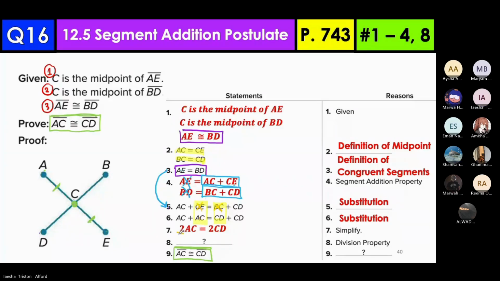What happens when you divide by 2 both sides? AC equal AC, CD equal CD. Good. Now, from 8 to 9, what's the new thing? What's changed? The equal. They made it congruent. Delete the equal, put congruent. Congruent segments.